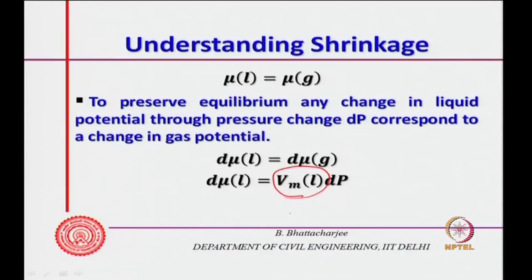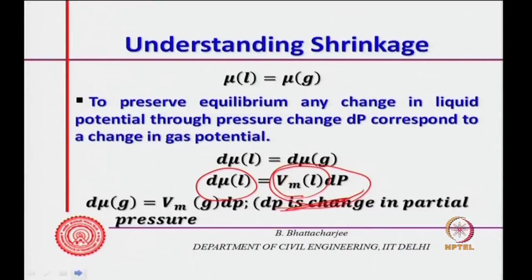So, P dV is the work done, P dV plus V dP. Since there is no volume change, one can write V dP. So, that is the work done, or the potential change of the liquid, and that must be equal to the gas potential change. Similarly one can write the gas potential change as Vmg, the vapor molar volume, into dP.